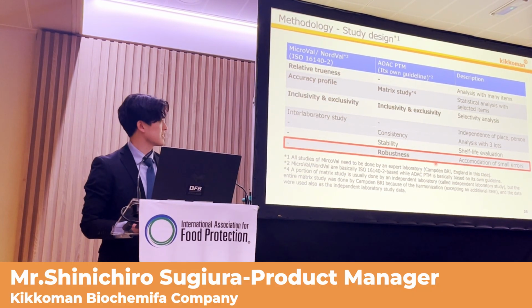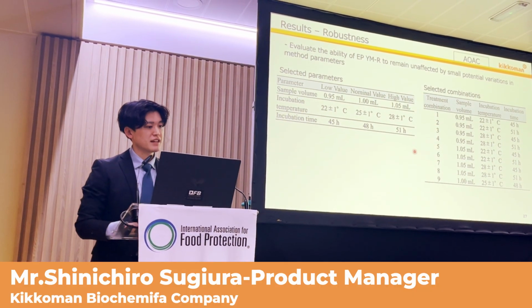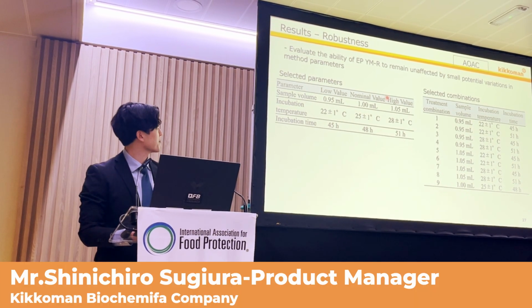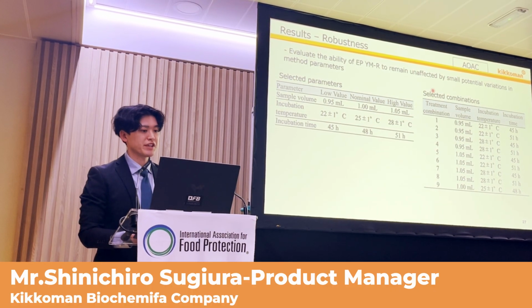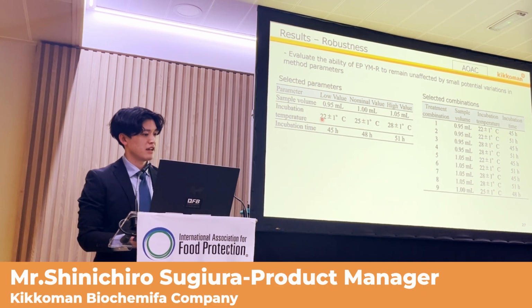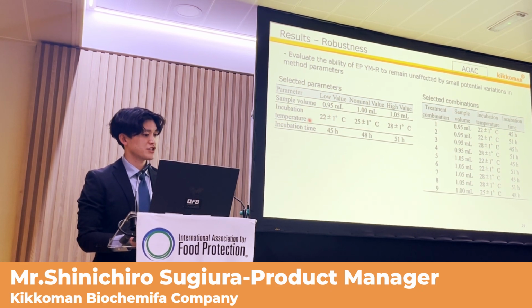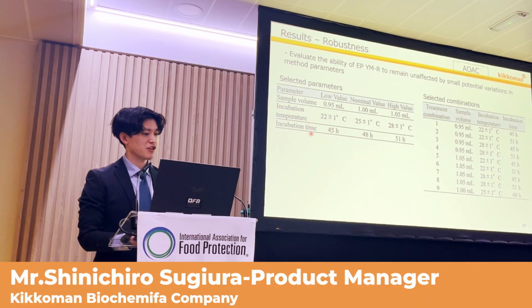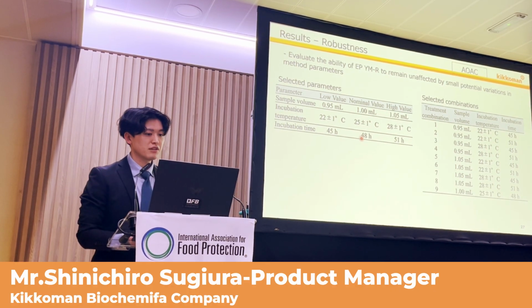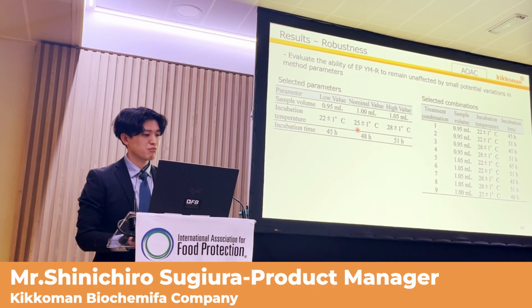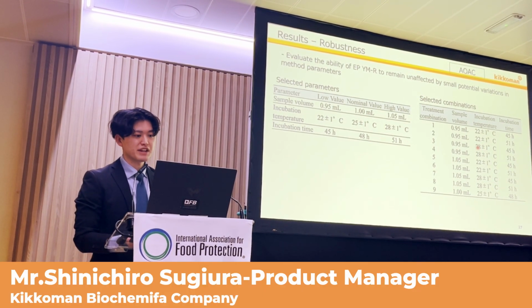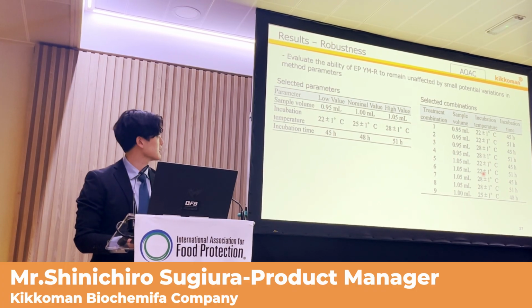And the last study is robustness. And in robustness, it is evaluated whether EPYMR remains unaffected by small potential variations in method parameters. And 3 parameters were chosen, and they were sample volume and incubation temperature and incubation time, and they were varied as shown in the left table. And out of the 27 possible combinations of the parameters, 9 combinations in the left table were selected.